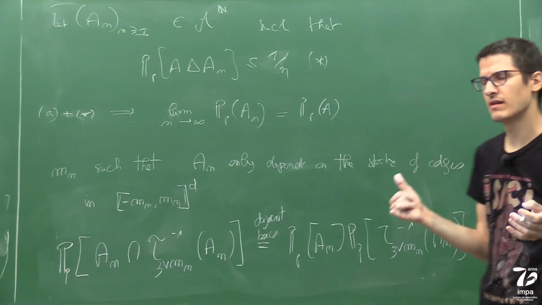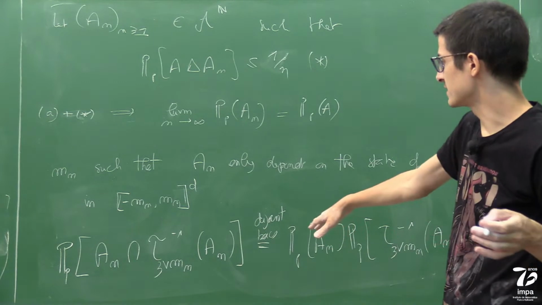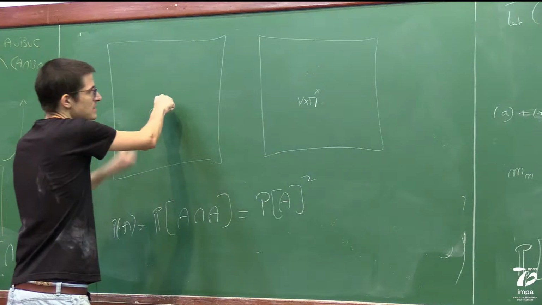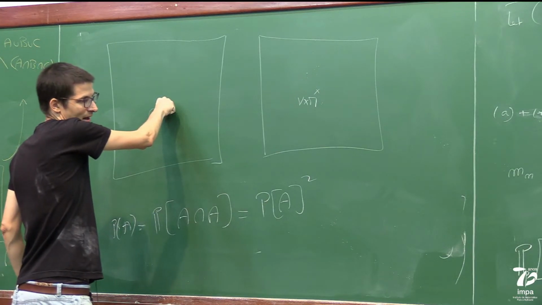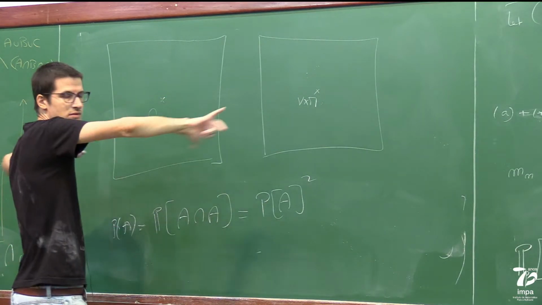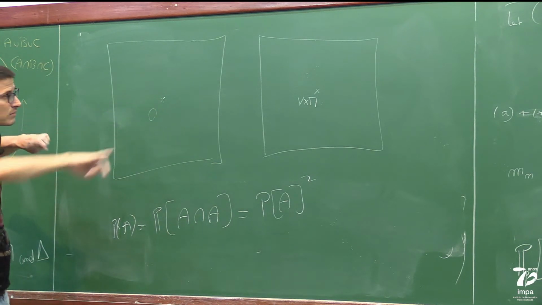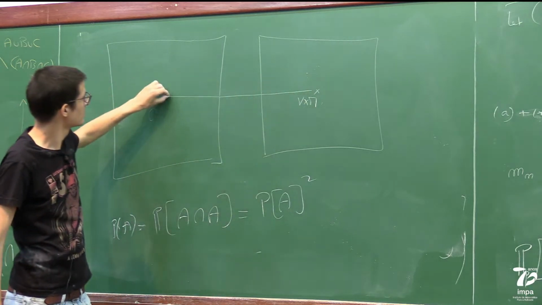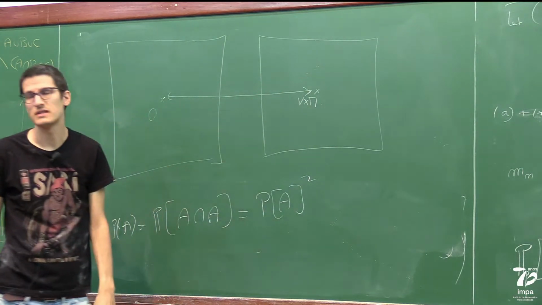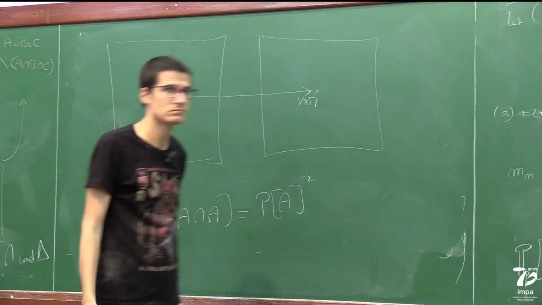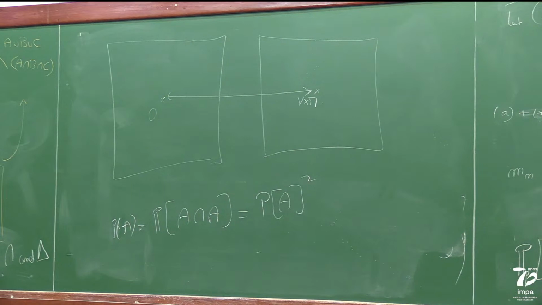Remember v is a non-zero vector in Z^d. So if I translate this box by v times M_n, then I get two disjoint boxes, because the L-infinity distance here is larger than M_n.